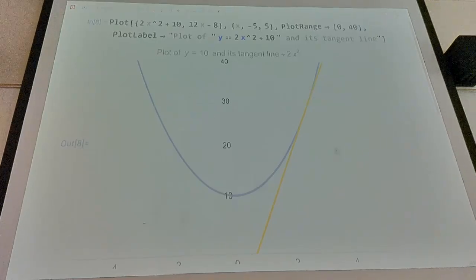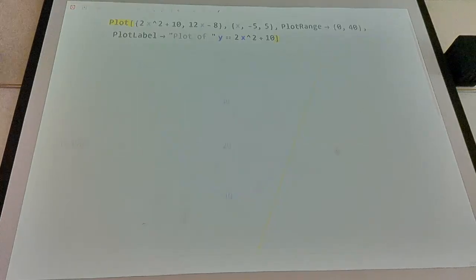Now it's doing something weird. That's odd. Oh, I know why it was doing that. It was treating that second string as part of the equation and moved it out in front.